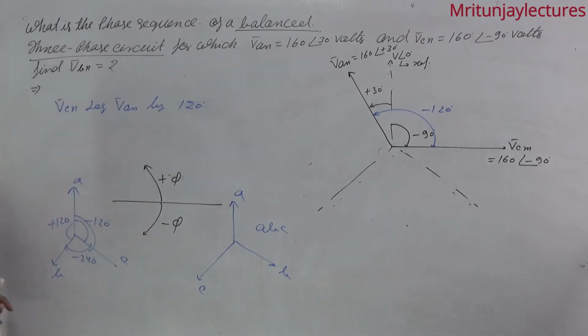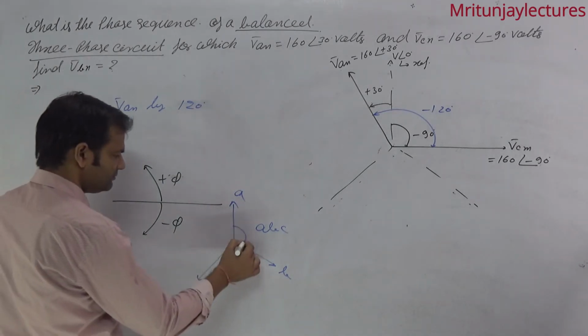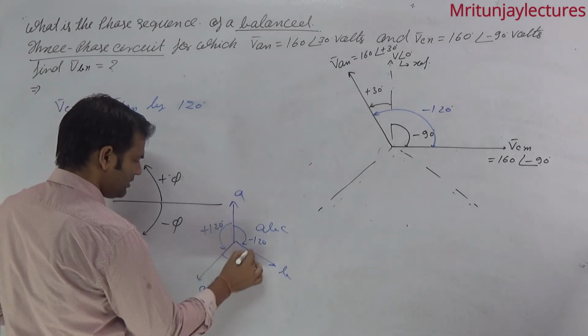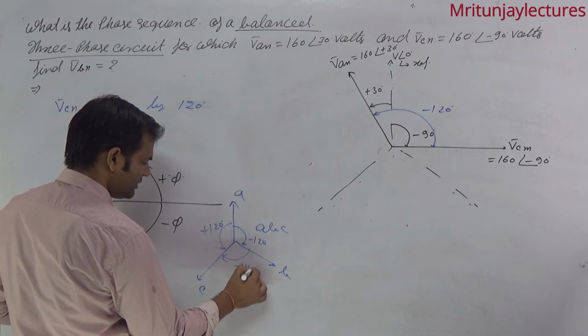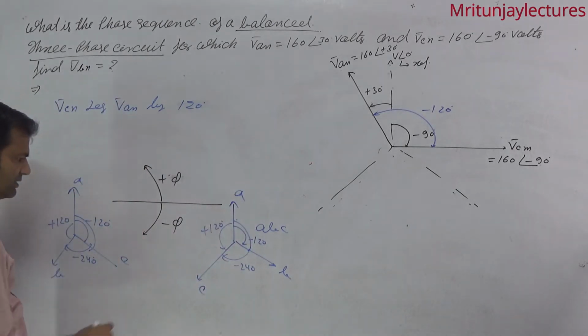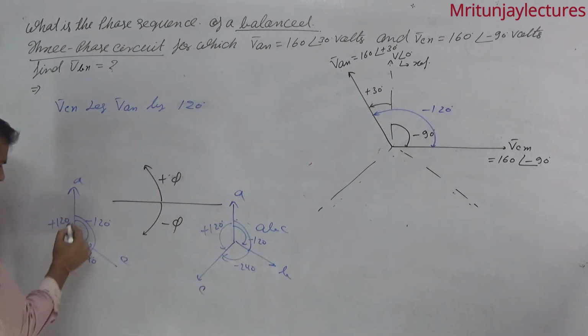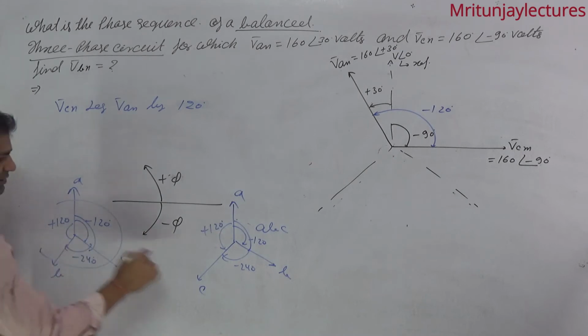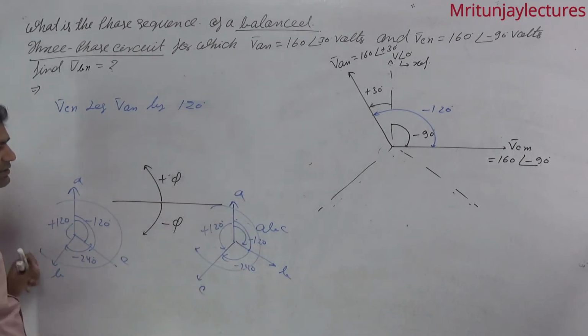Clear? Same thing here, -120, plus 120, that is -240 corresponding to this one. Okay, this type of sequence is ABC, and this type of sequence is ACB, going in the clockwise direction.